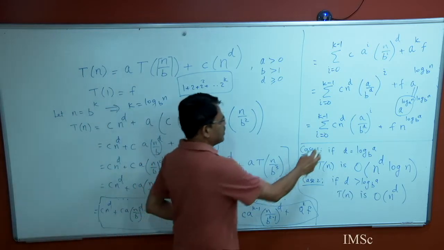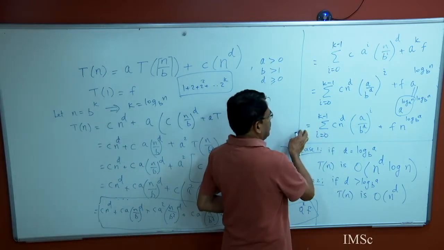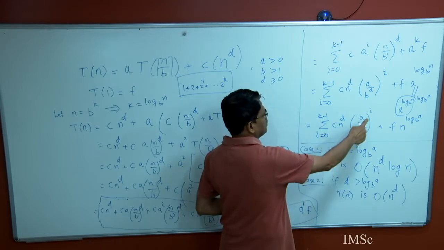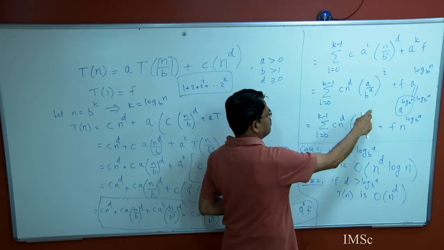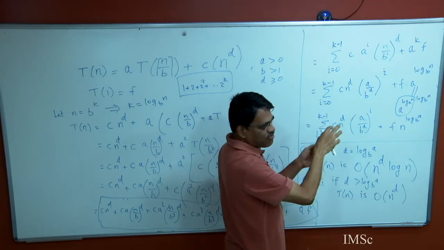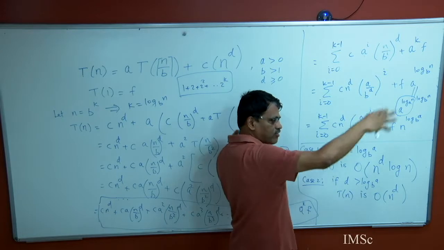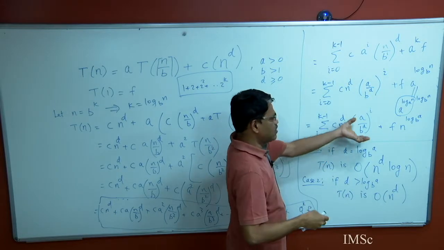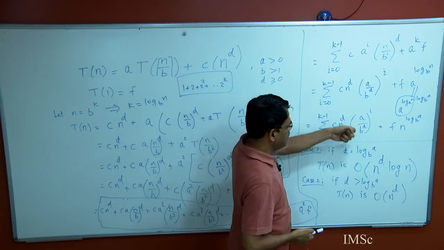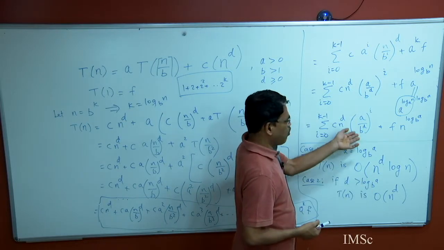Even if you take c n power d outside, the first term will be 1, the second term would be plus some ratio less than 1. So think of it like half or 1/3. Even if you go all the way up to infinity, this sum is going to be a constant, because a by b power d is less than 1.